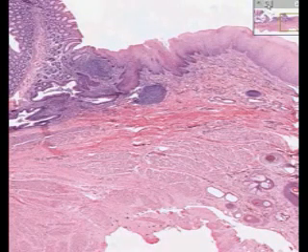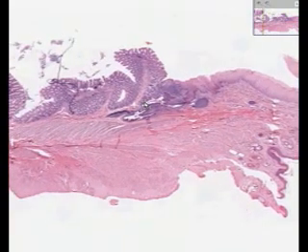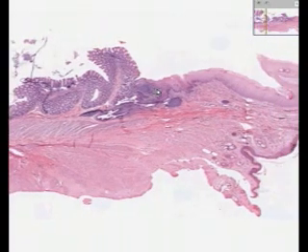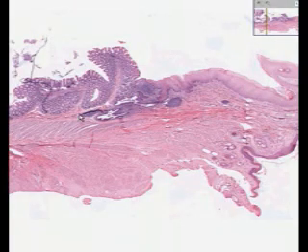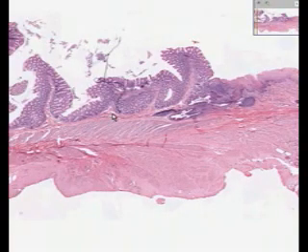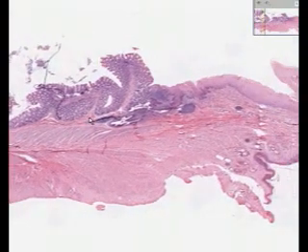Also note that even though there is some confusion between the true definition of internal versus external hemorrhoids, and this has been debated for many years, if you wanted to use a rule of thumb, all of the large venous submucosal structures on this side of the squamocolumnar junction can be called external hemorrhoids, and all of the potentially large venous dilated structures in the submucosa on this side of the squamocolumnar junction, the columnar side, could be called internal hemorrhoids.